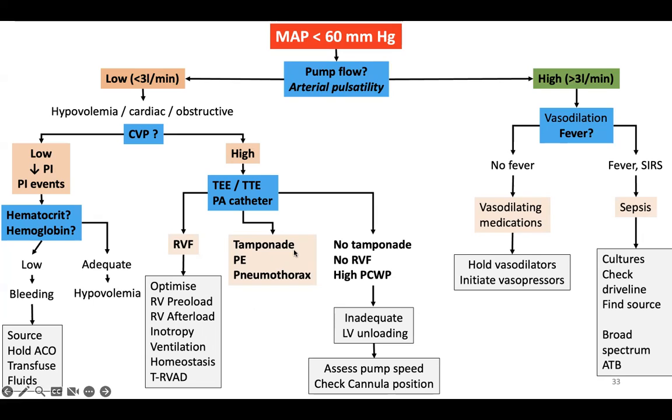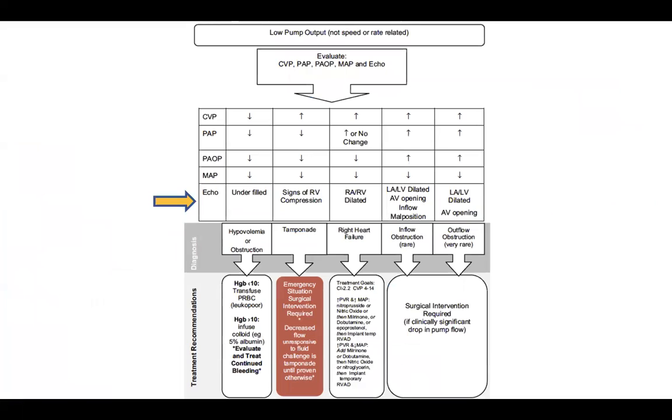And you can rule out tamponade, pulmonary embolism, pneumothorax, or you can have inadequate LV unloading because the pump speed is not enough, or a pump malposition. So this is a basic, systematic approach for problems. The first thing is MAP, pump flow, CVP, echo, and then you can figure out what's going on.